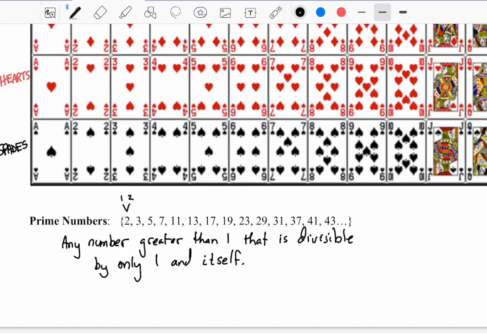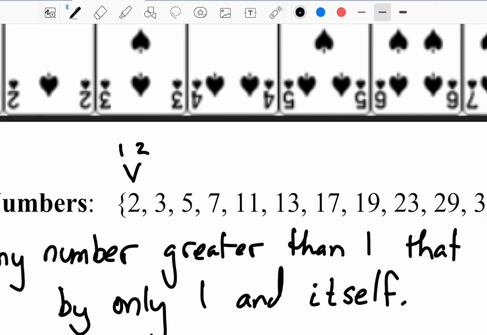So 2 is divisible by 1 and 2 because those are the only 2 numbers that when you do the division, you don't get a fraction. We don't do anything with negatives because that opens a whole different can of worms. So 3 would be 1 and 3. 5 would be 1 and 5.